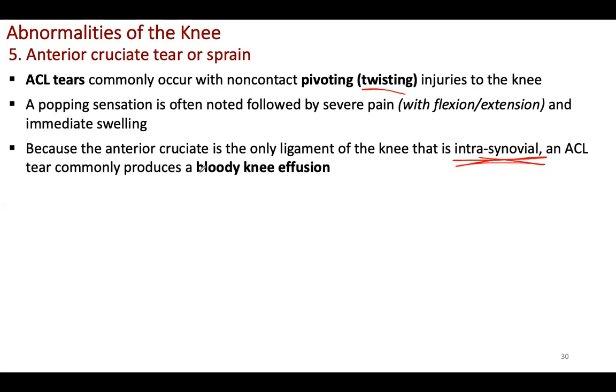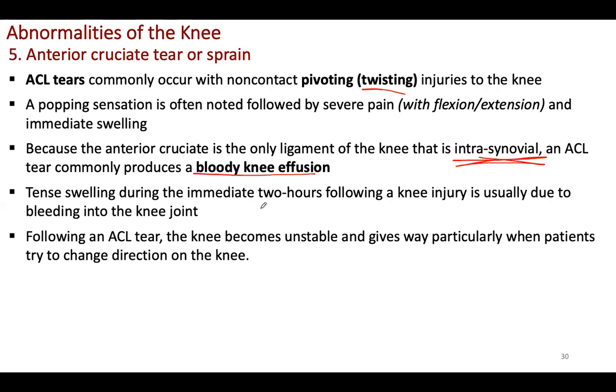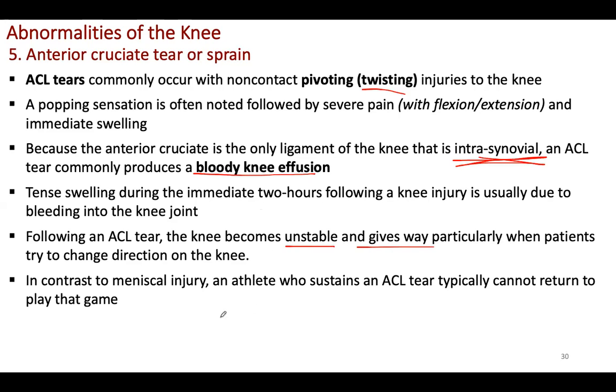ACL tear commonly produces a bloody knee effusion and tense swelling during the immediate 2 hours following the injury. Following the ACL tear, the knee becomes unstable and gives way. That's why they cannot continue the game. In contrast to meniscal injury, an athlete who sustains an ACL tear typically cannot return to play.